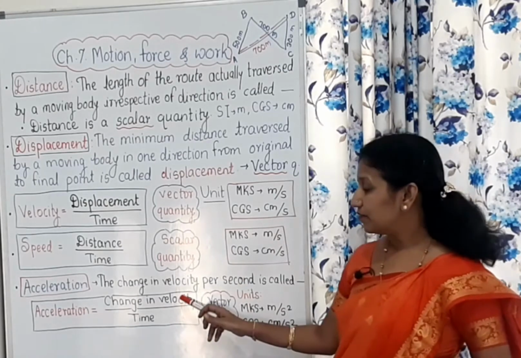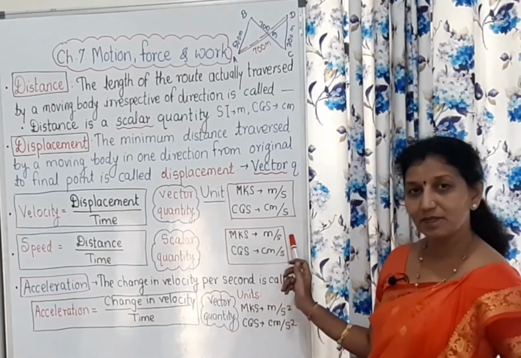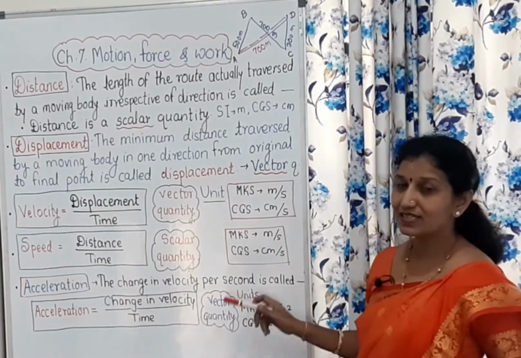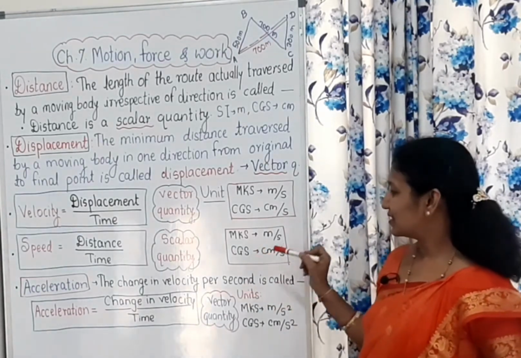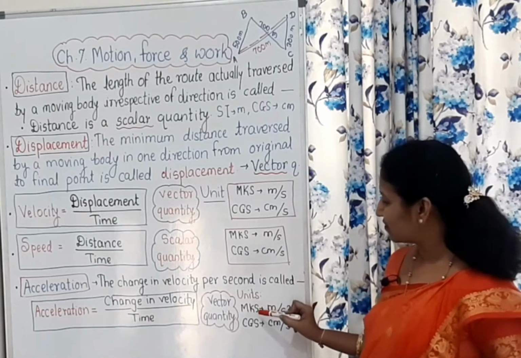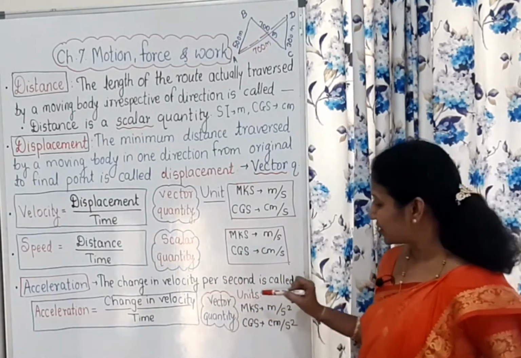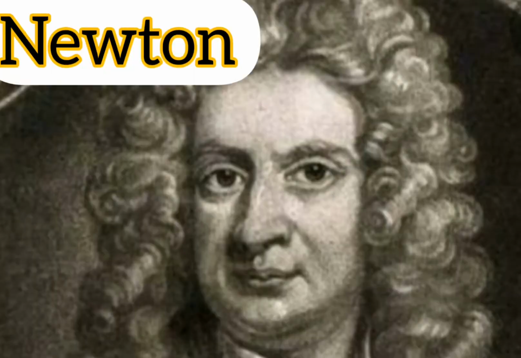Velocity has the unit meter per second, and again there is time, so second will be squared here. That's why in the MKS system, the unit of acceleration is meter per second square, and in the CGS system, the unit of acceleration is centimeter per second square.